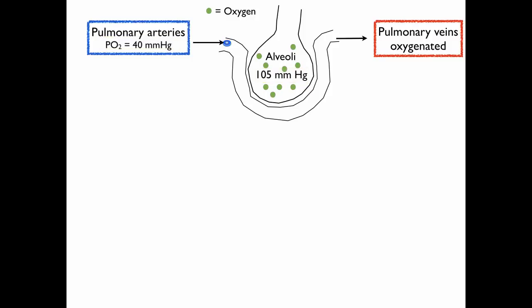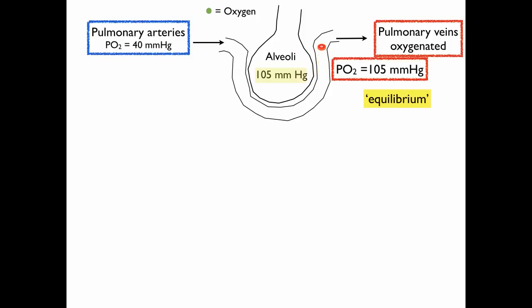So as the red blood cell enters the capillary, oxygen is going to move into the blood. It's then going to enter the red blood cell and attach to hemoglobin. As the red blood cell moves through the capillary, more and more oxygen is added to it until it becomes saturated and reaches equilibrium with the alveoli, so that the blood leaving the pulmonary capillary is about 105 millimeters of mercury, which is the same as the alveoli, and we call that equilibrium.